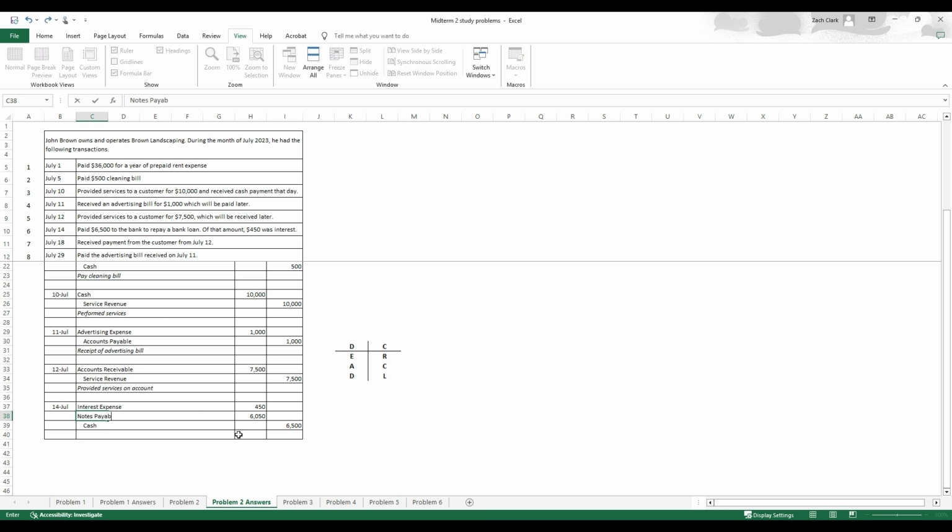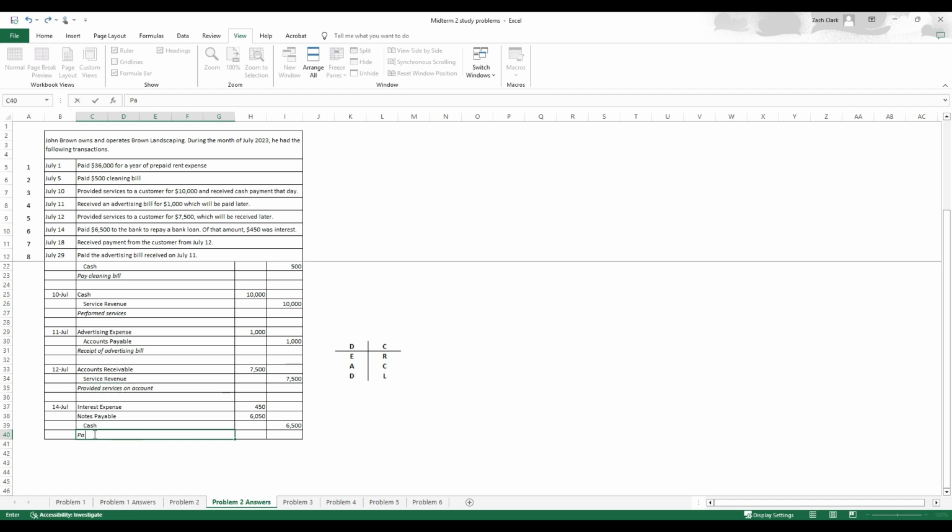And what we're going to call that one is notes payable, which is typically the liability account that we use to reflect long-term debt. And we're talking about bank loans, which are long-term debts. So that's a liability, and a debit is decreasing that liability, and that is what we're reflecting here.